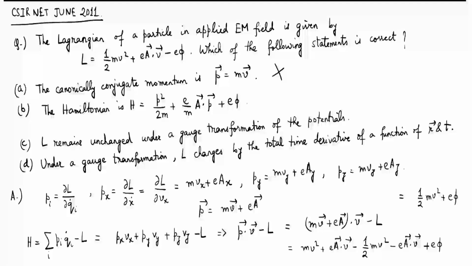Basically, this is H. So H is (P minus eA) whole square by 2m plus e phi. This is the Hamiltonian of a charged particle in an electromagnetic field. Right? This is half mv square plus e phi.